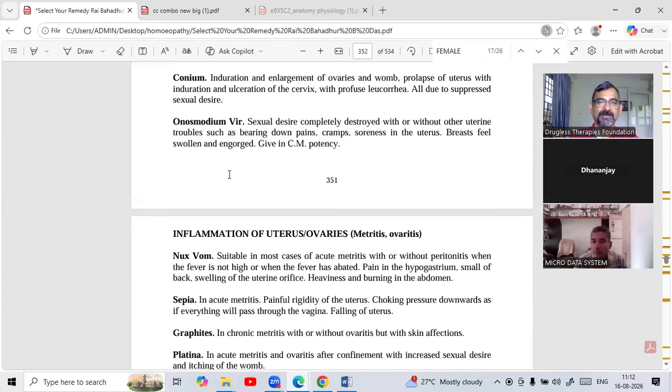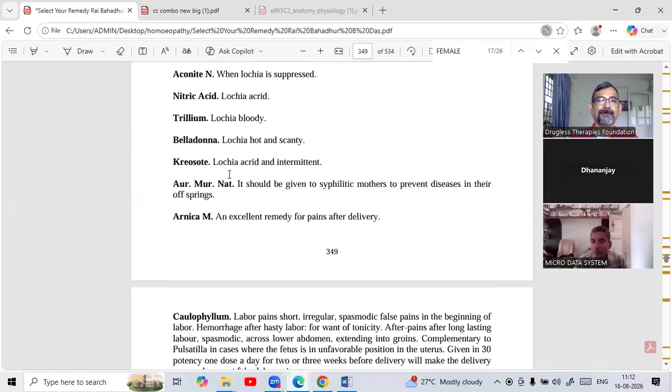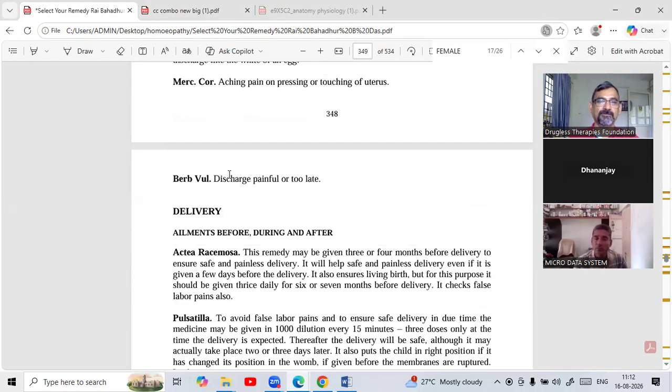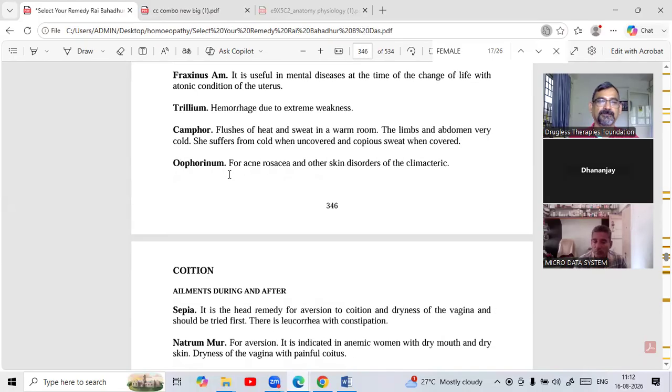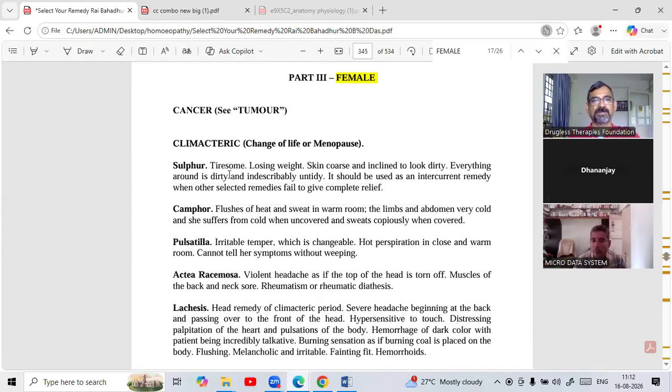Let us see. We will study the first two, three remedies, then we'll come. Please refer to this, because female organs start with Clematis.